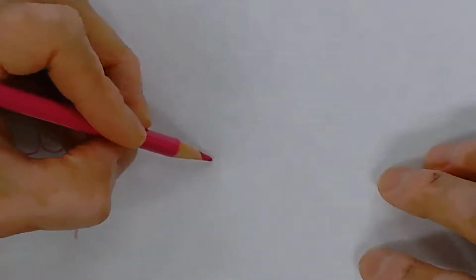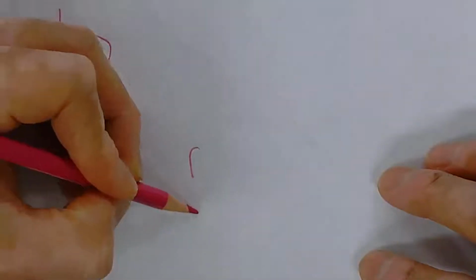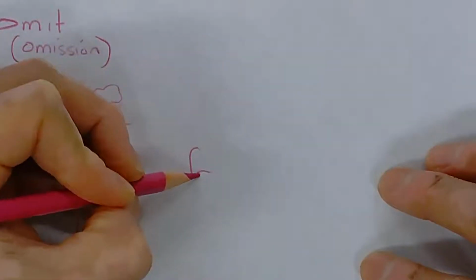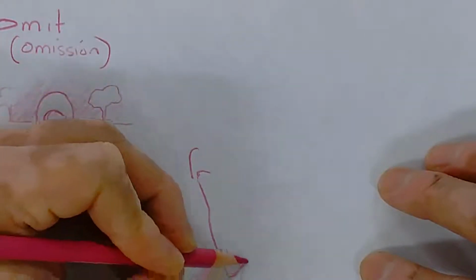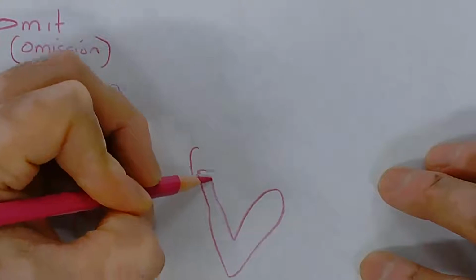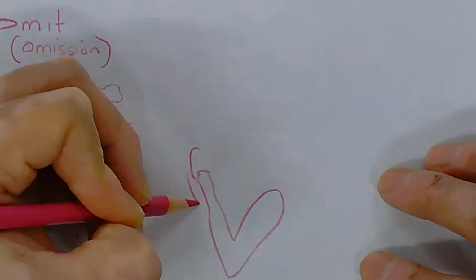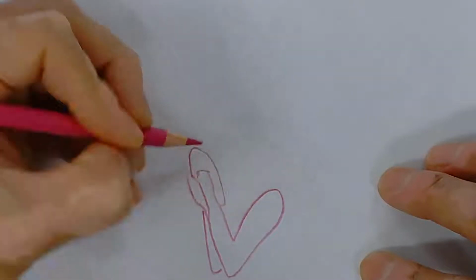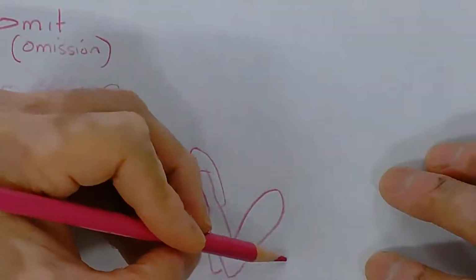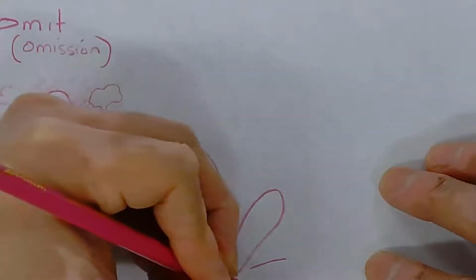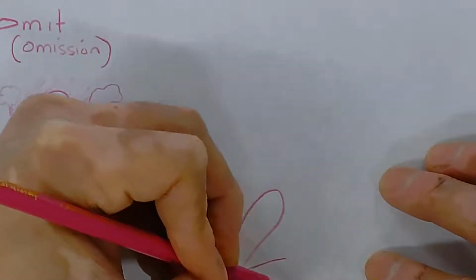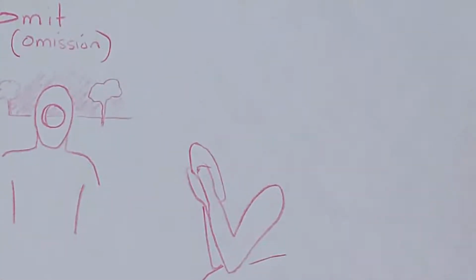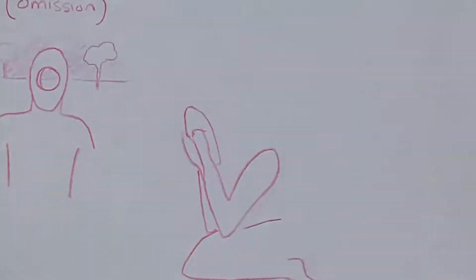Another way to omit is to remove things entirely. So here's one of my popular examples. What if I sculpted someone crying into their own hands? Hope you can see that. Move a couple things.